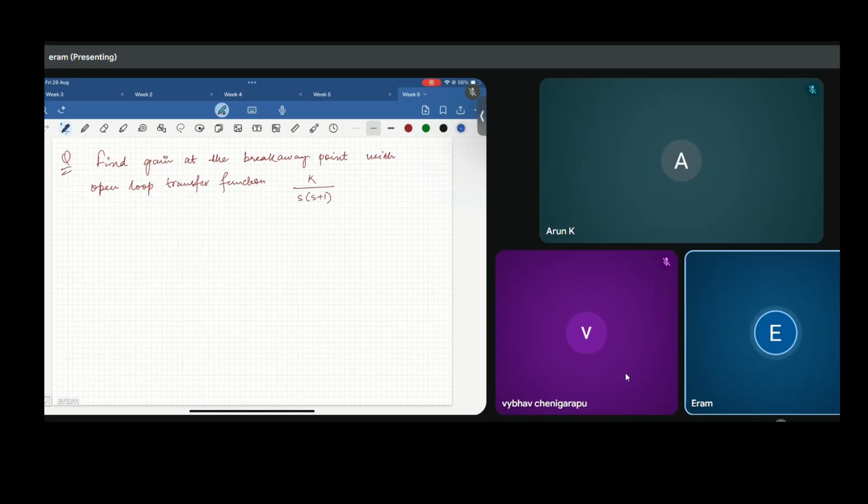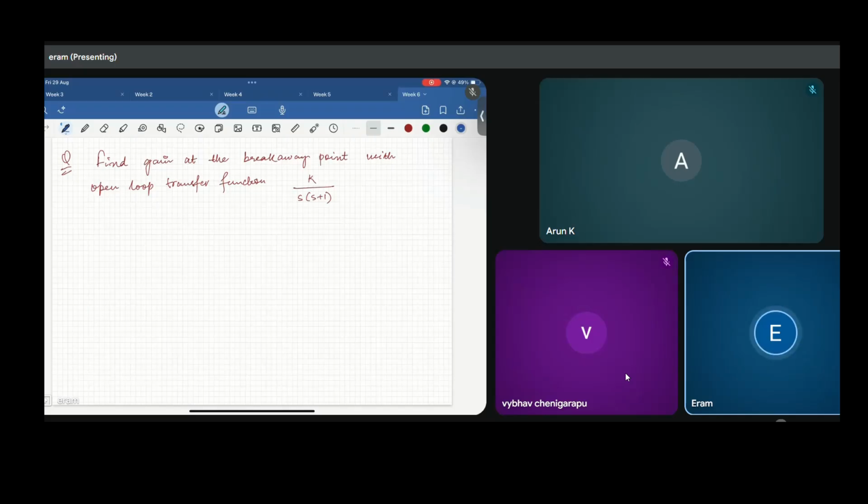How can we solve this question? First, we need to satisfy the condition with which the breakaway or break-in point exists, and then if that exists, for that s we need to calculate the gain.